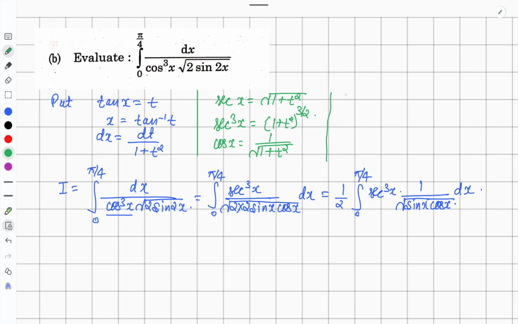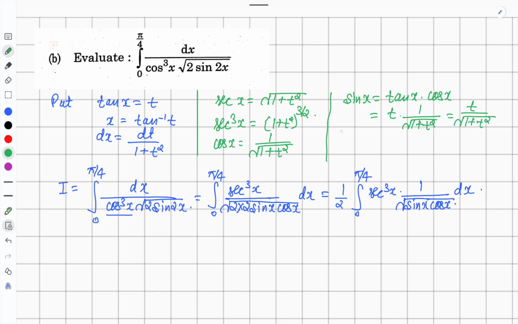Then sin x is equal to tangent x into cos x. Tangent x we know is t, cos x we know is 1 by root of 1 plus t square. So sin x becomes t by root of 1 plus t square.